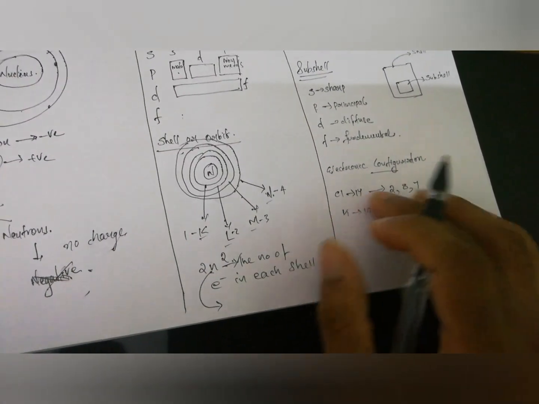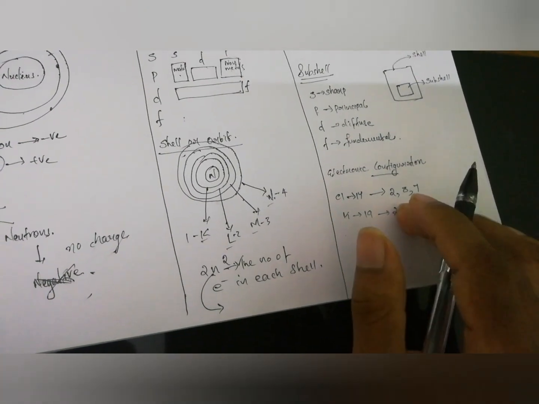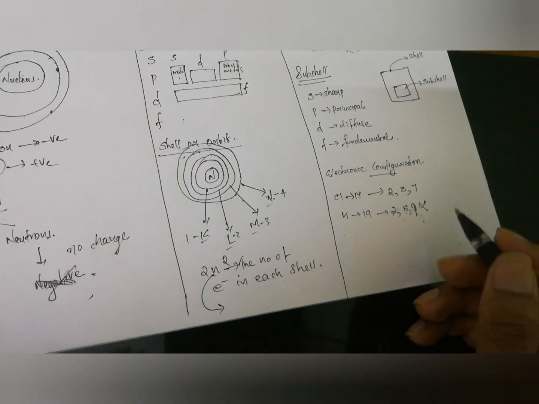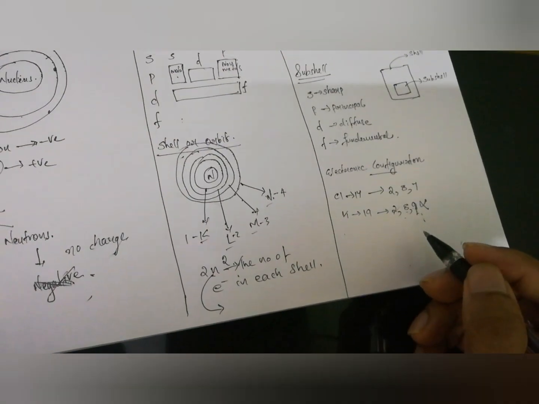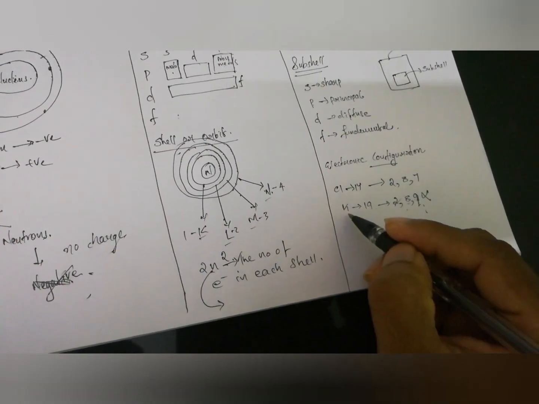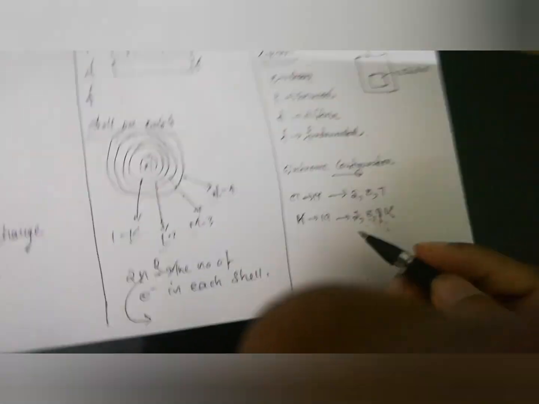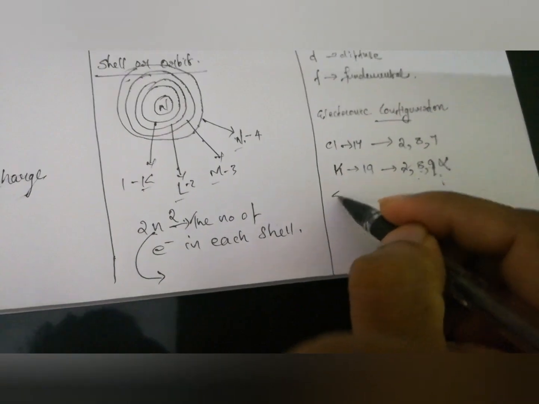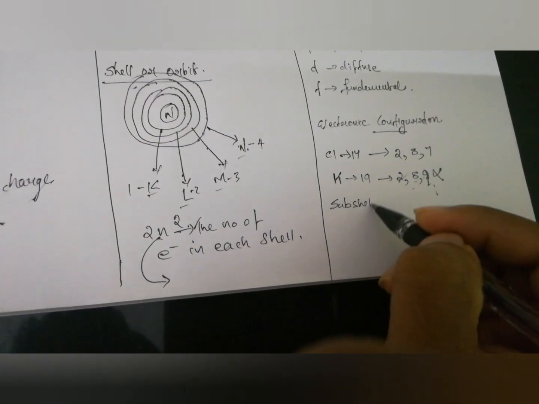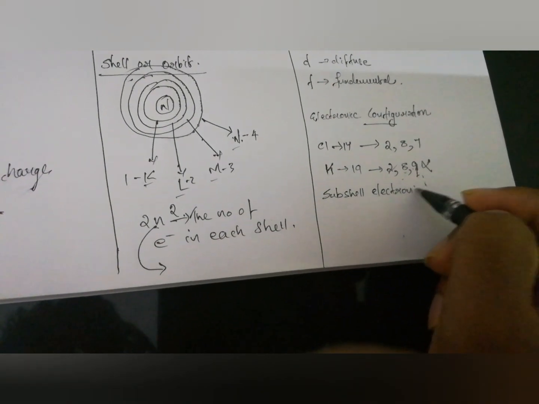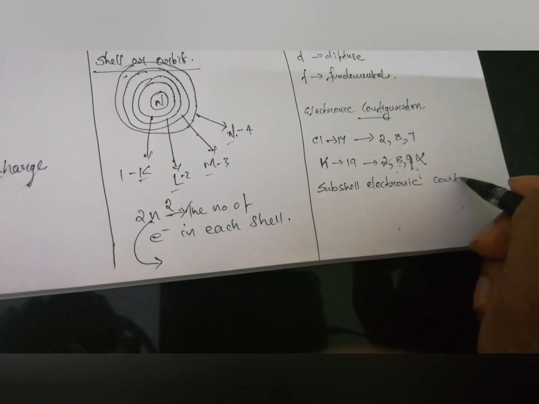Schrödinger said that the electronic configuration depends upon the subshell arrangement of electrons. We can write the subshell electronic configuration of this potassium.